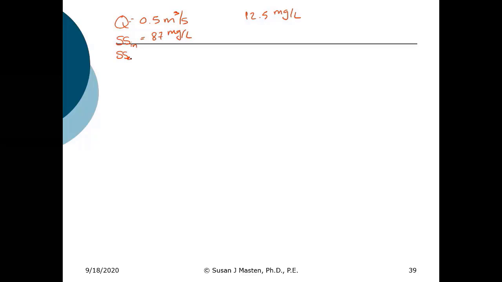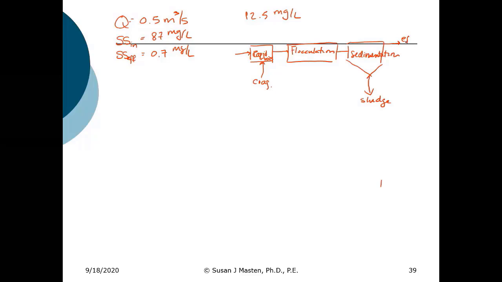And we have an effluent suspended solids concentration of 0.7 milligrams per liter. So let's go back and look at our rapid mix. So we're adding the coagulant. Okay. We have flocculation. We have sedimentation. And we have, I'm going to call that our effluent to the filters.